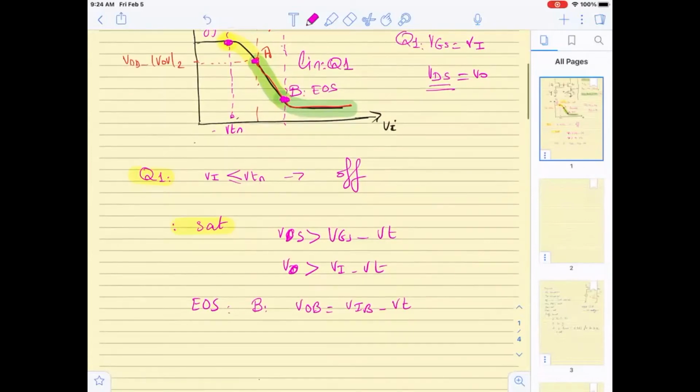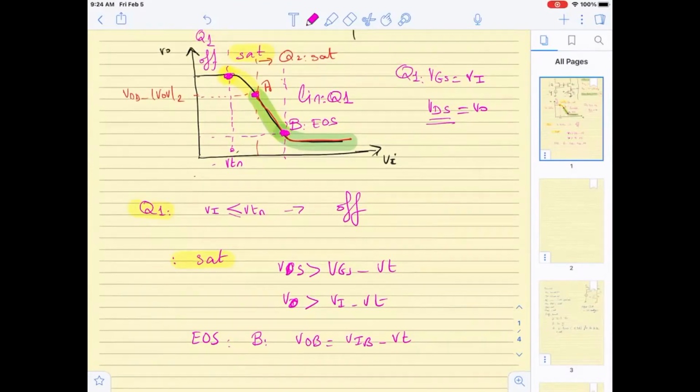Okay, when VO drops below this point, I hit the linear region. So below this point, I'm going to hit the linear region. Okay, so Q1 is in saturation from the time it starts to turn on until it hits point B. Is this clear? Until it hits the edge of saturation and goes into the linear region.